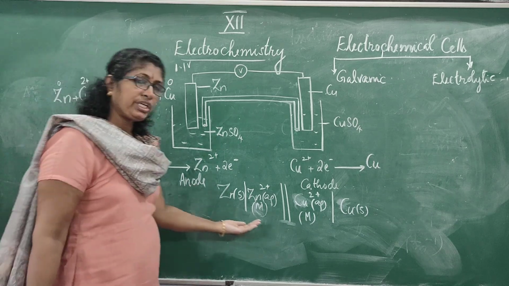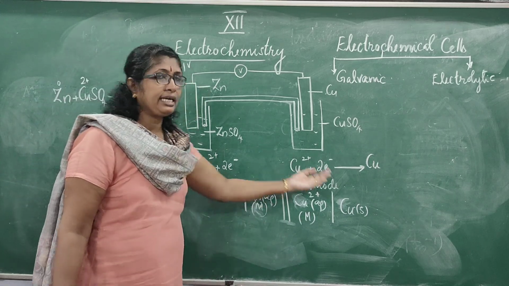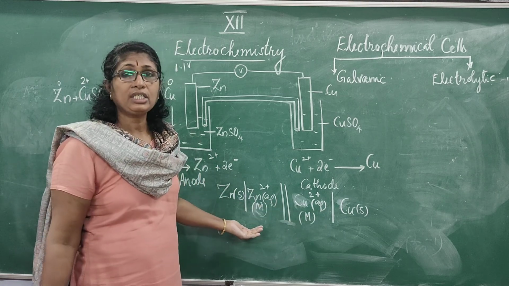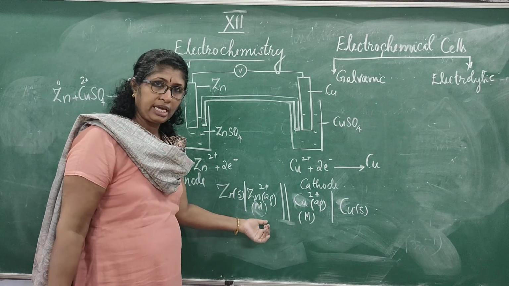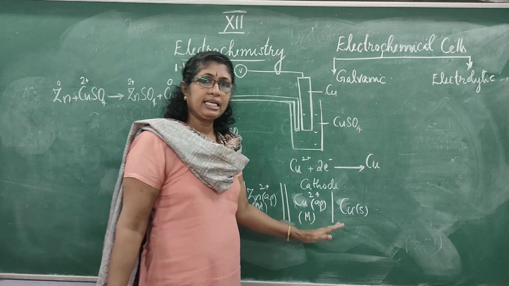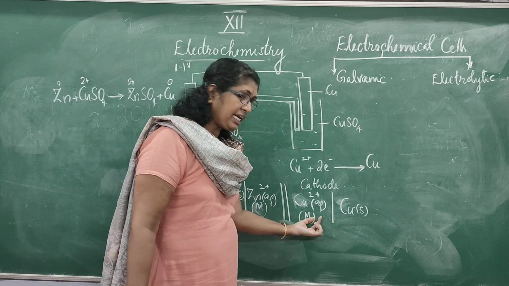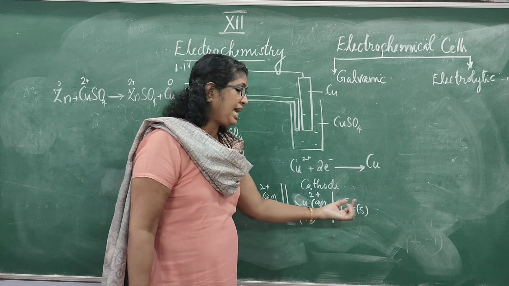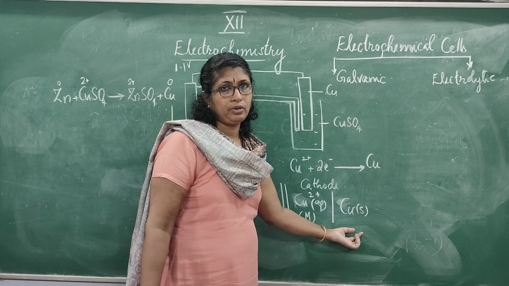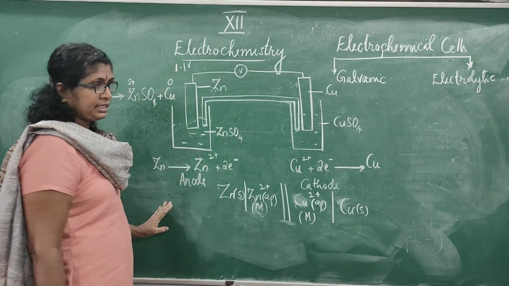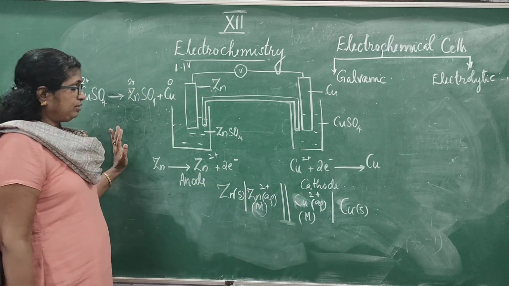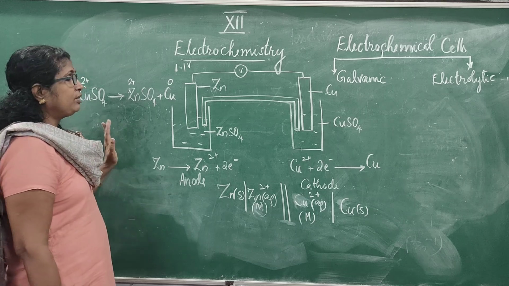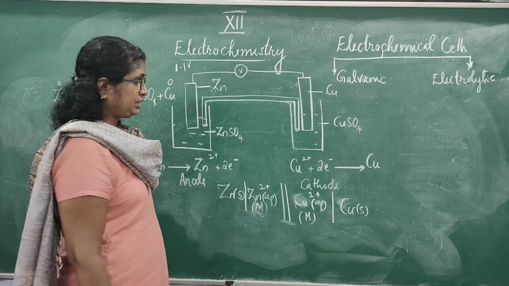First you write the oxidation half cell, then the reduction half cell. In the oxidation half cell, first write the electrode, then the electrolyte. In the reduction half cell, first write the electrolyte with the concentration and then the electrode. And in between these two half cells, there must be a salt bridge. So this is the voltaic cell and its representation.